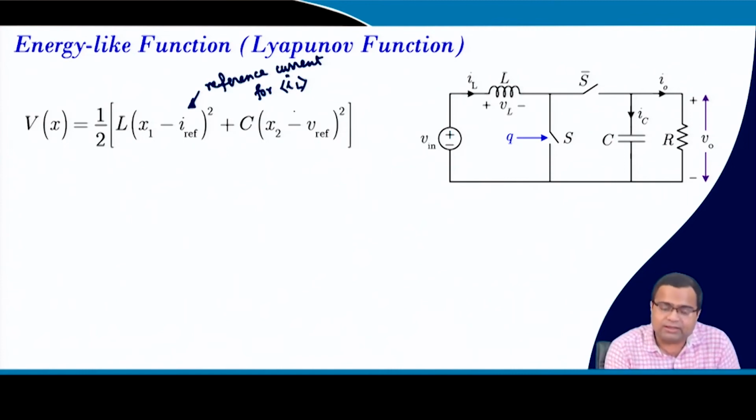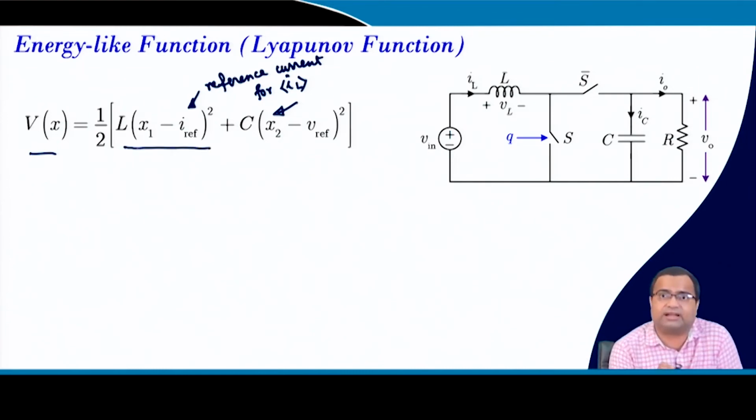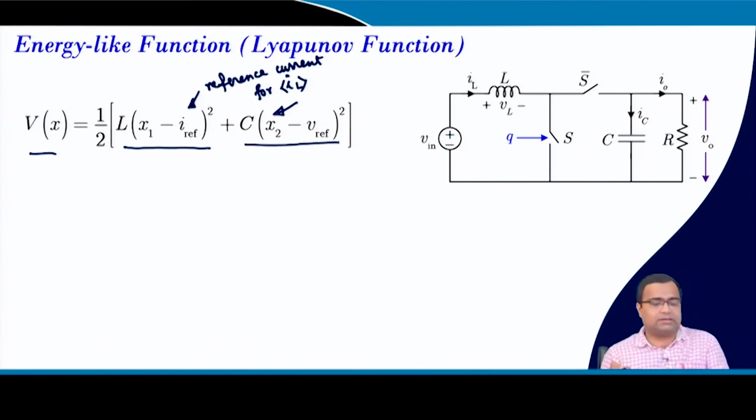Similarly, we want the average value of the output voltage to be equal to the reference voltage, that is our desired, and that is why we have constructed the energy-like function. It looks like half L I square, but this is an error current, and half C V square, and this is an error voltage.